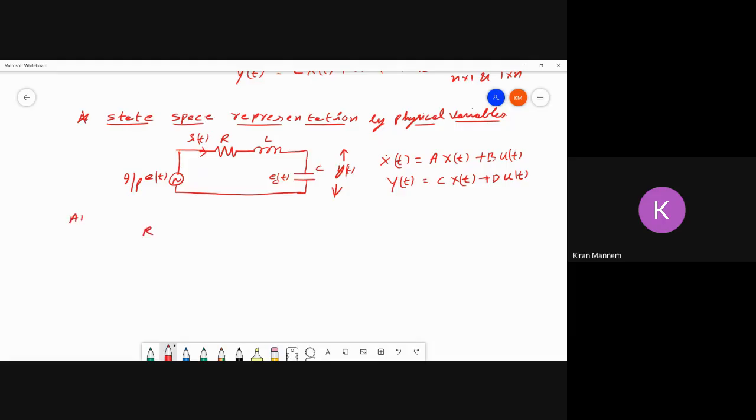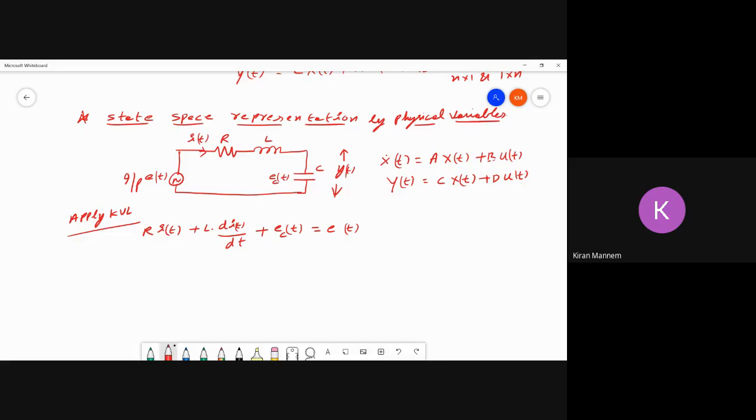Apply KVL to the circuit, it would be R into i of t plus L into di by dt plus, so what is the voltage across the capacitor? It is denoted as Ec of t, which is equal to e of t, right?